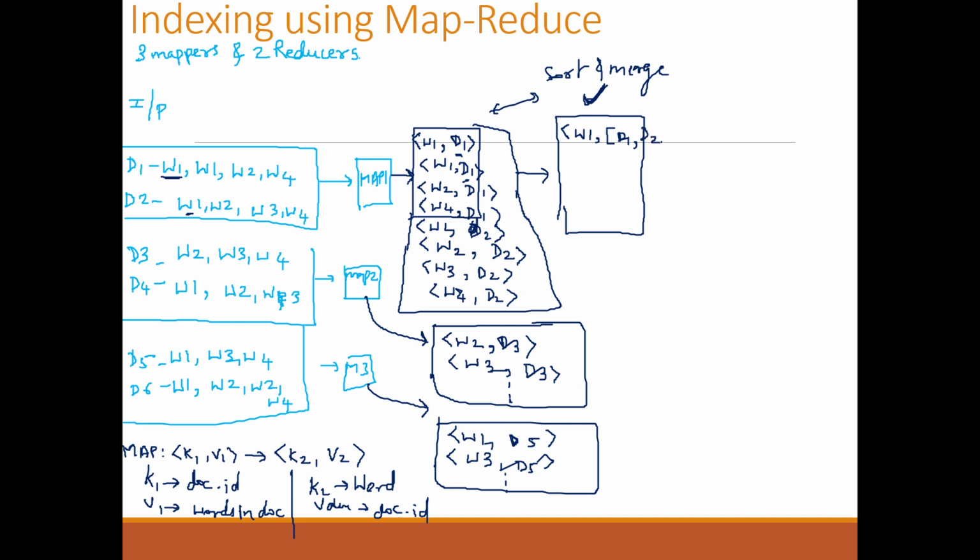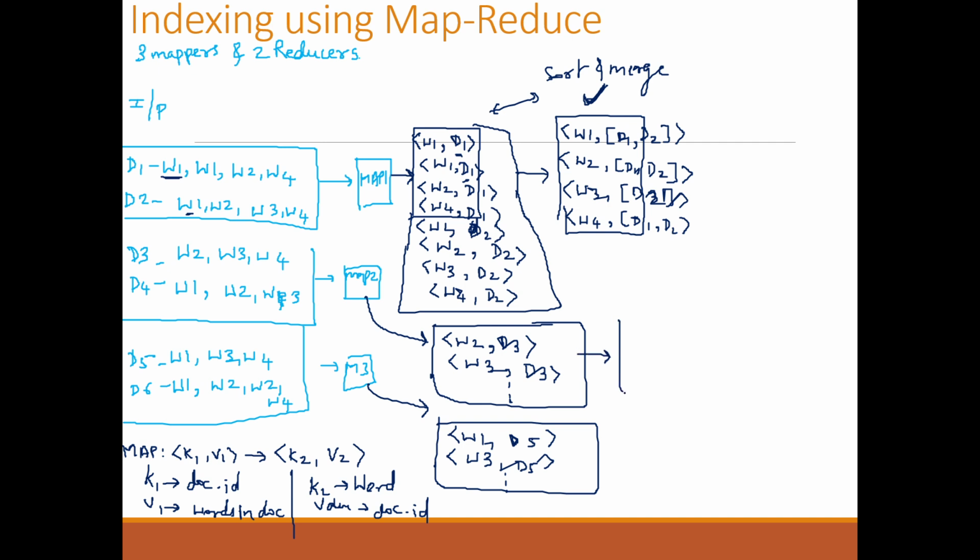So after combining, we have word 1 present in D1, D2, word 2 present in D1, D2, word 3 present only in D2, and word 4 is present in both D1 and D2, and it is all getting merged here.